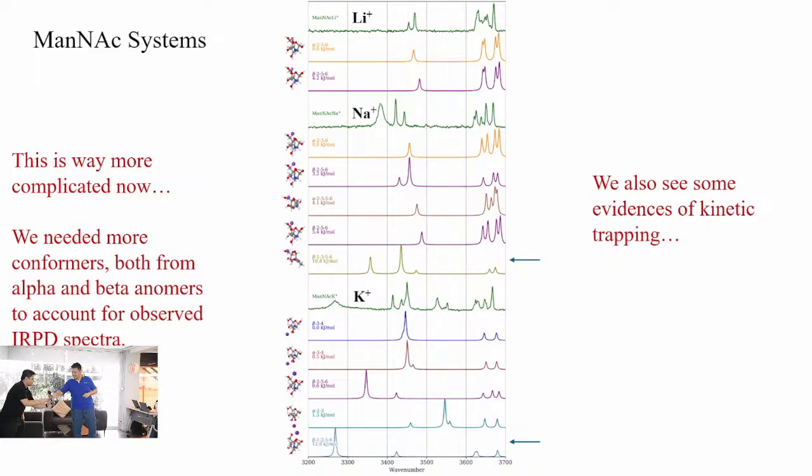Right. So I think I have to clarify. These calculated spectra, these are DFT, not NNP. So we did not do any training on the NNP. Remember, our NNP is only trained on the energy and atomic forces. So we did not train on dipole moments or anything like that in order to predict. But that's actually a good question, because this is also one of the things we're currently working on.